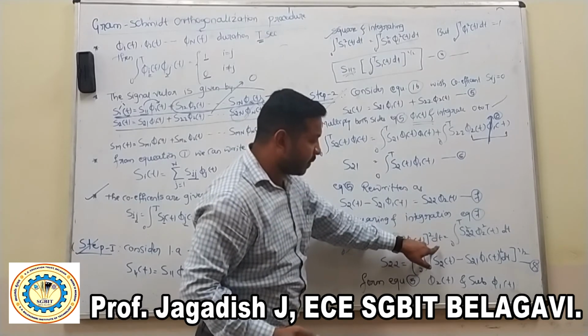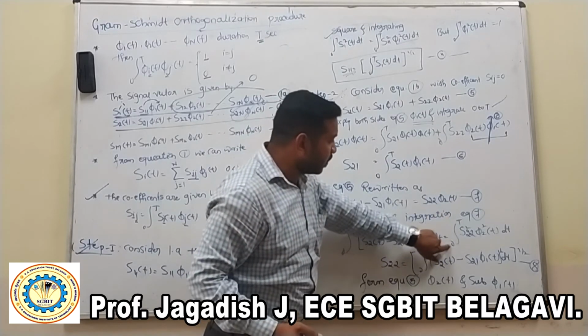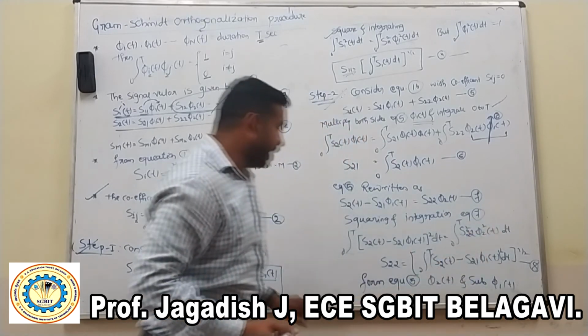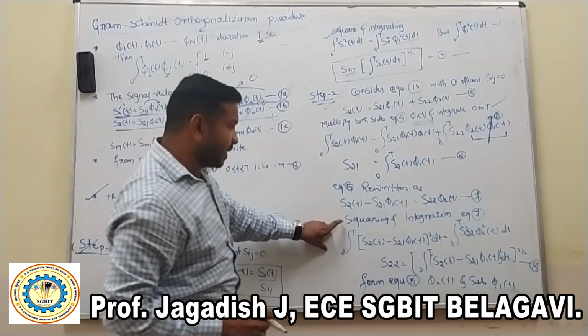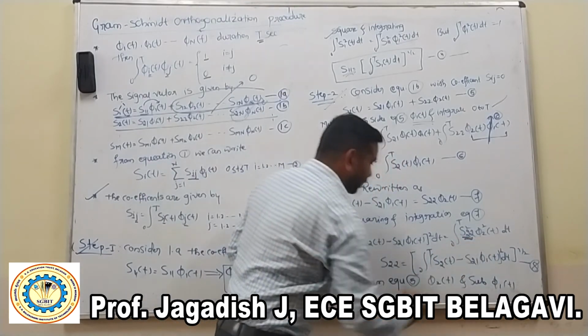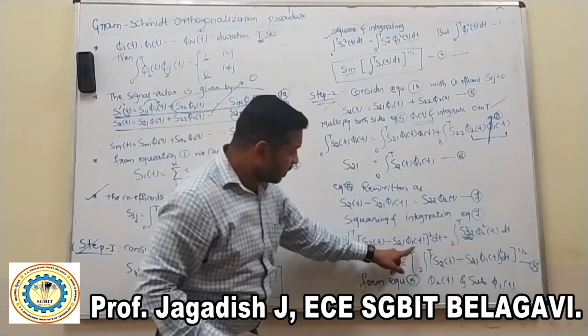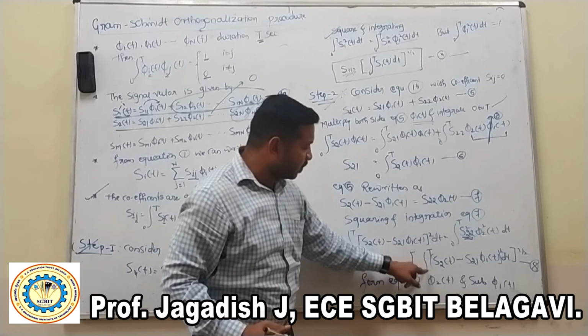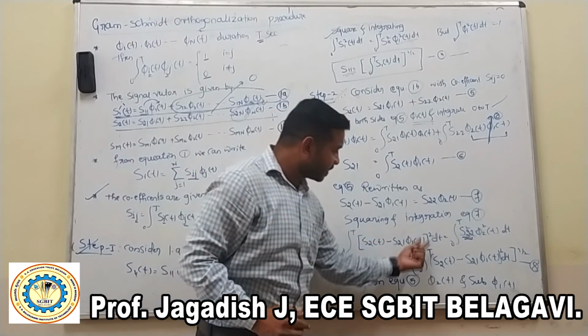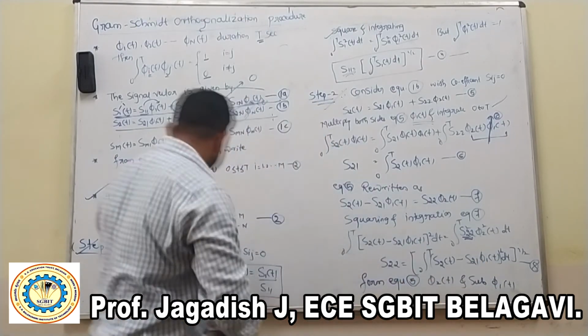Here we square these terms and integrate from 0 to T. So integration of S2 of t minus S21 phi 1 of t, squared, equals integration from 0 to T of S22 square phi 2 square dt. By using this equation we find S22. So S22 equals the bracket integration from 0 to T of S2 of t minus S21 phi 1 of t, squared, raised to 1 by 2.